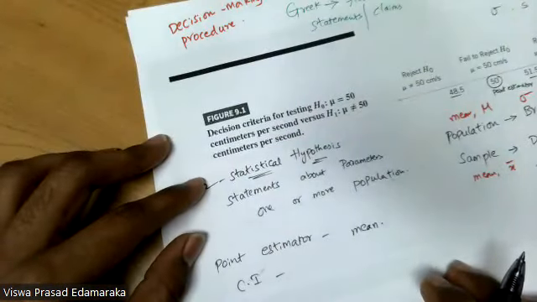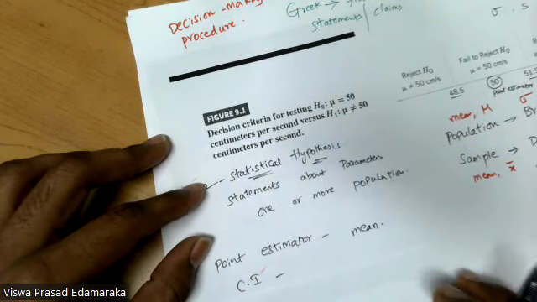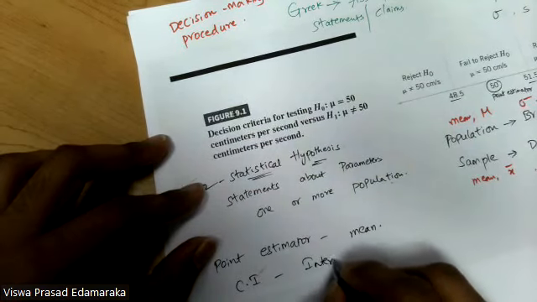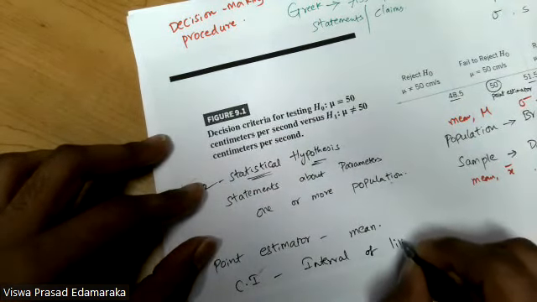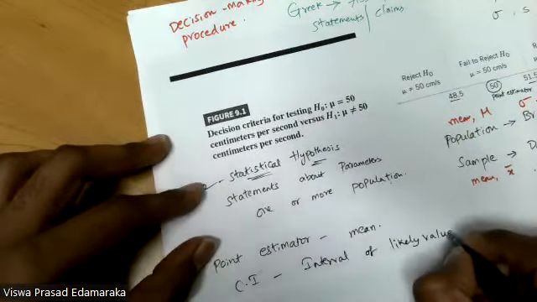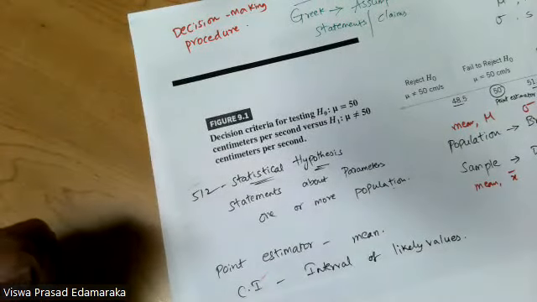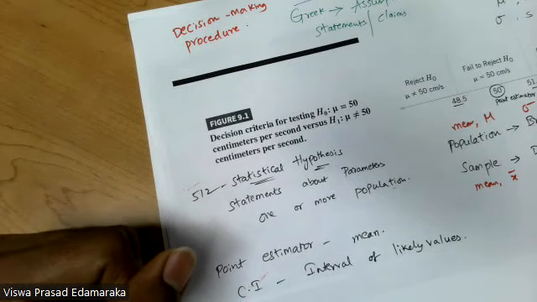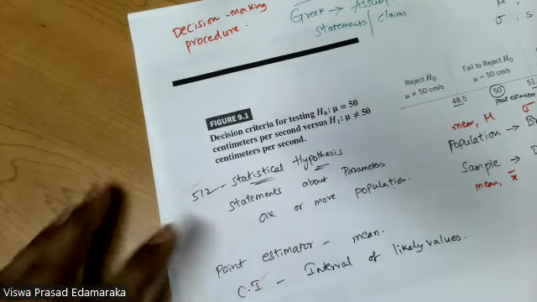We use this word more often. Confidence interval, an interval of likely values. These are the basic definitions like point estimator, statistical hypothesis, population mean, standard deviation, hypothesis testing.